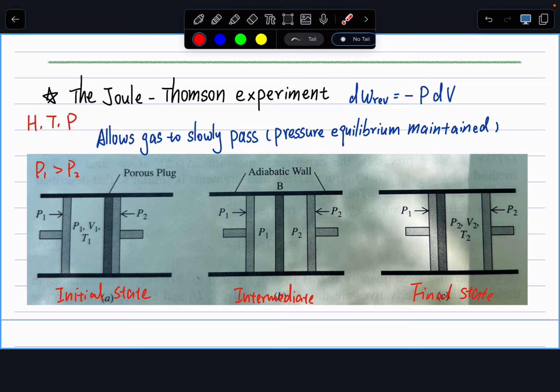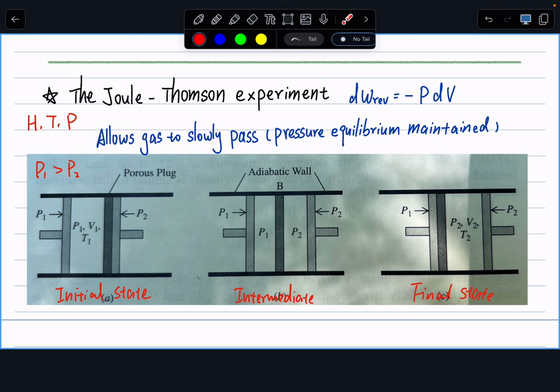Right? And we're talking about reversible PV work in the process when the gas is slowly passing through that porous middle bar. So we have W reversible equals negative PdV. All right.